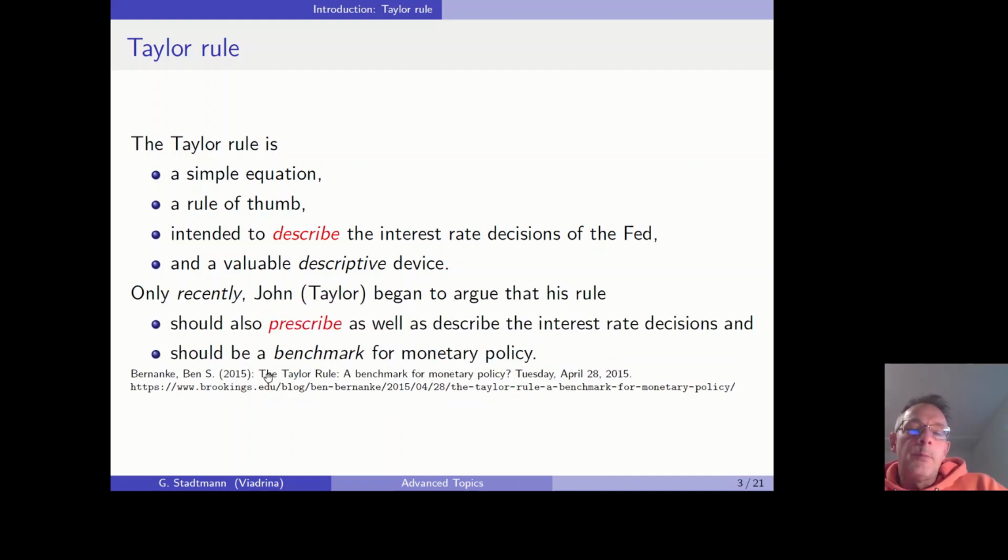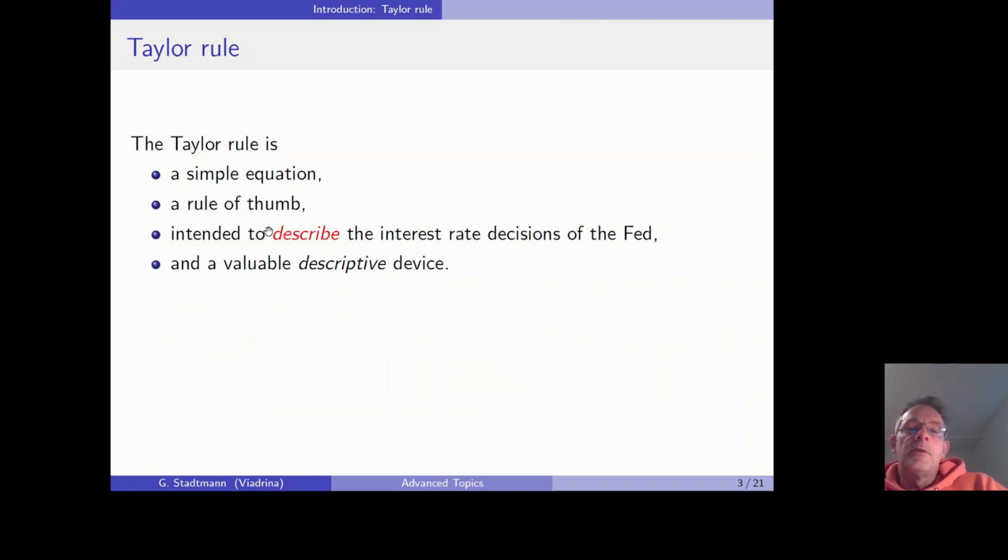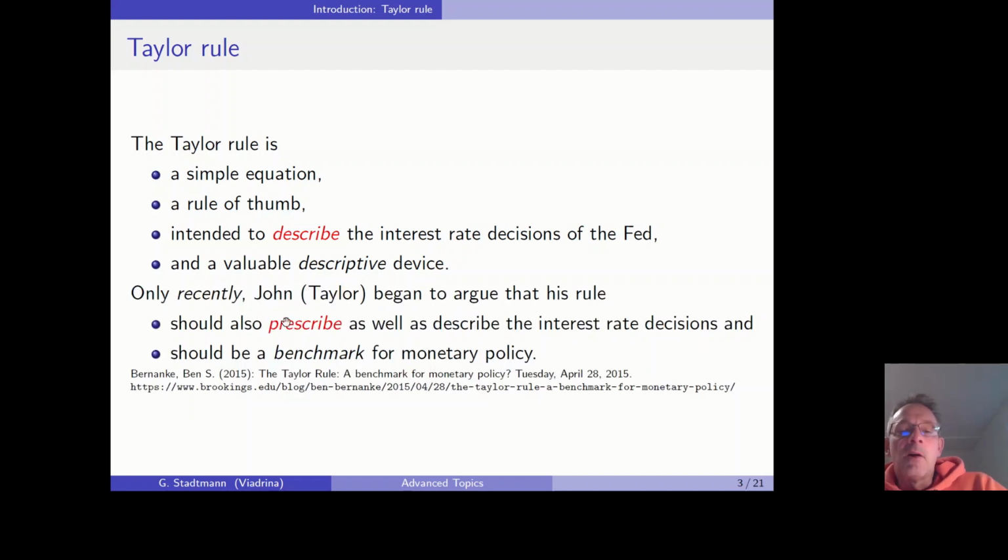Recently, Ben Bernanke wrote that nowadays John Taylor began to argue that his rule should also prescribe as well as describe the interest rate decisions and should be a benchmark for monetary policy. So in the beginning, Taylor just said that it should describe the interest rate setting, and now he has a more normative view on this kind of issue.